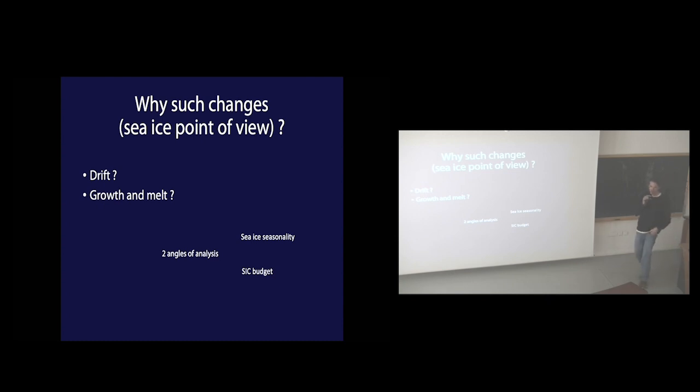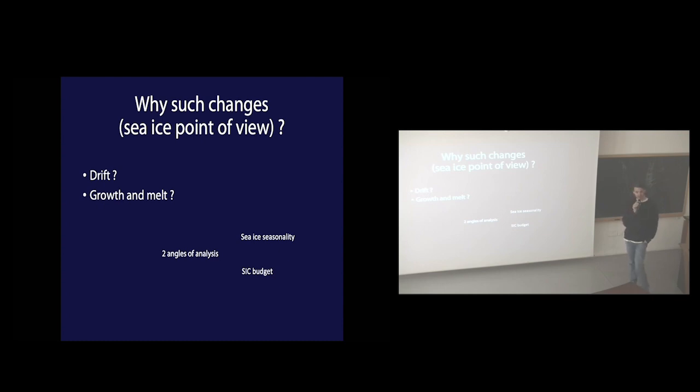From the sea ice point of view, the way you can ask this question is whether it's due to drift or to growth and melt. That would be the thing that you would try to look at, not necessarily atmospheric causes or oceanic causes, but more the sea ice processes. To do this, she used two angles of analysis, and I will try to explain a bit what these two tools are.